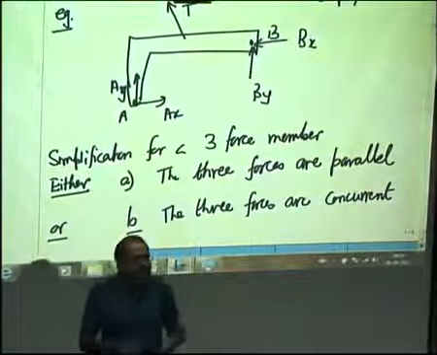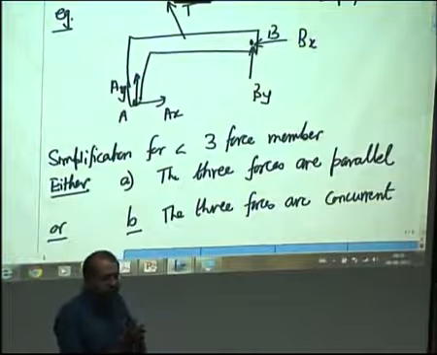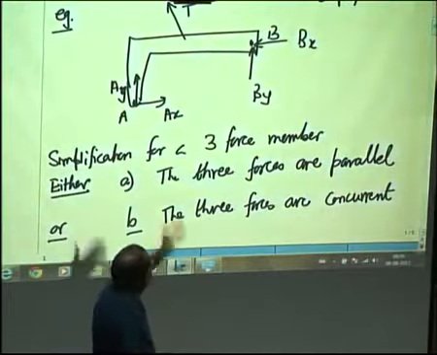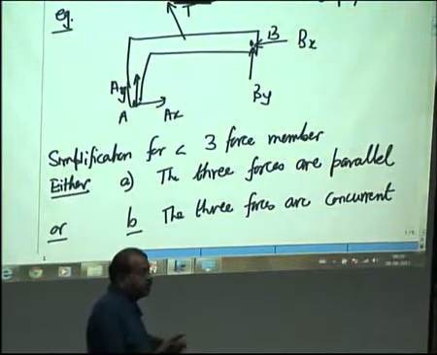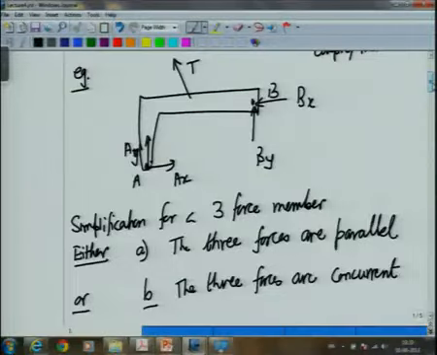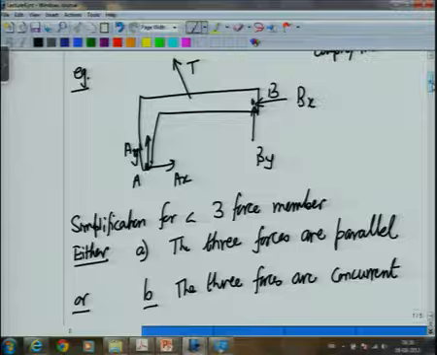So, that is how a three force member can help things, but often the point of concurrency itself may not be easy to find, and then rather than finding the point of concurrency, you take moments about A equal to 0, moments about B equal to 0, and that may be an easier way.